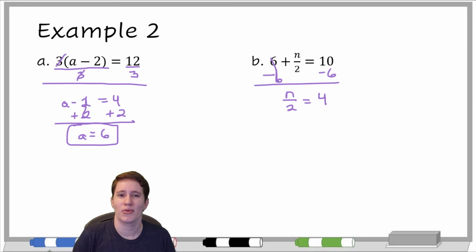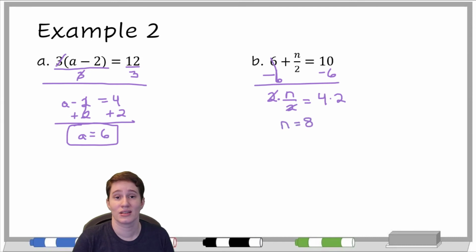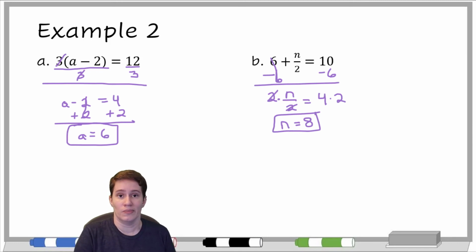And then remember from the previous lesson how we fixed the fact that there was an over 2, or over whatever, is we use multiplication, because this is just saying n divided by 2, so we need to multiply both sides of our equation by 2 so that it cancels out. And that gives us n equals 8. So that's our answer. Pretty cool.